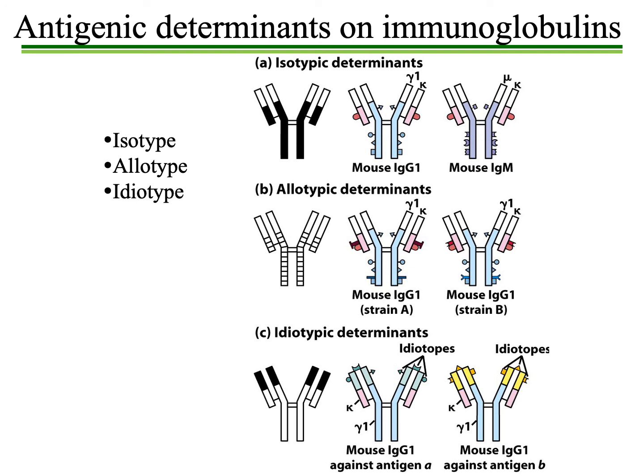The next category in panel B is allotypic determinants, and an allotype is really a variant that is encoded by different alleles. So when we have allelic differences, this is what refers to an allotypic determinant. In this example, you can see highlighted with the hashtags where the sequence differences occur.